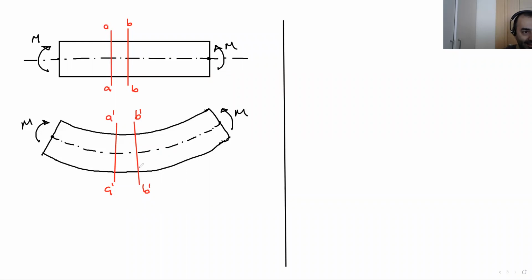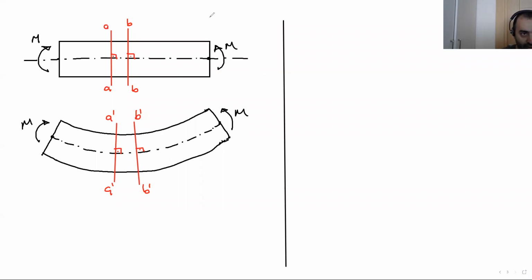The sections at the initial position were perpendicular to the axis, and after the bending, they are still perpendicular to the axis. The main thing here to make our calculations is that the planar sections remain planar after the bending effect.